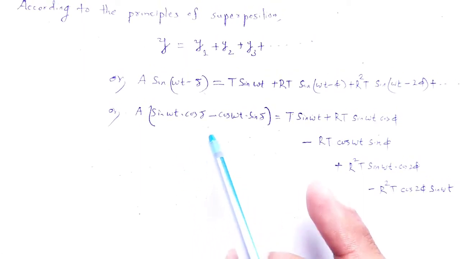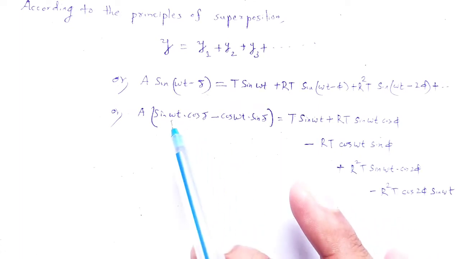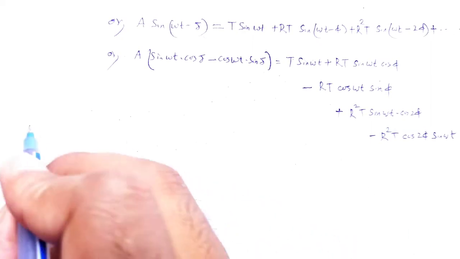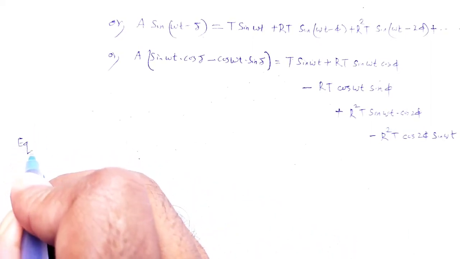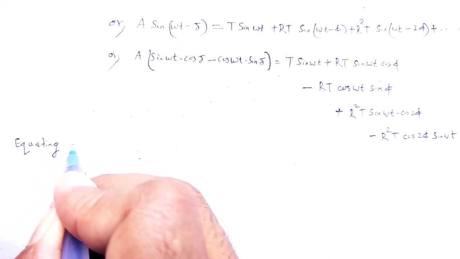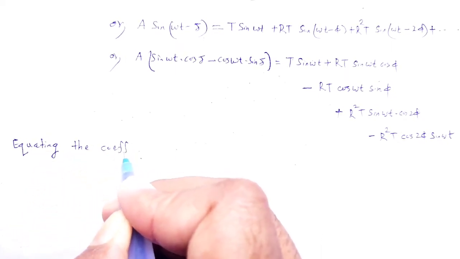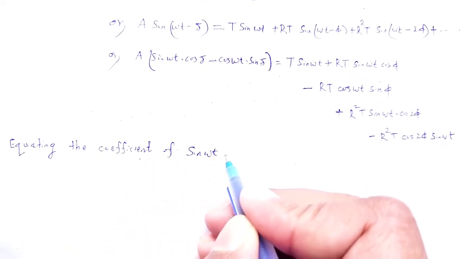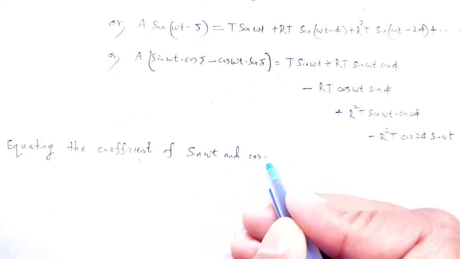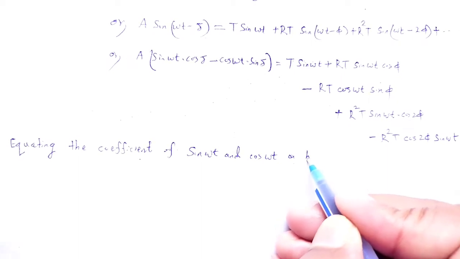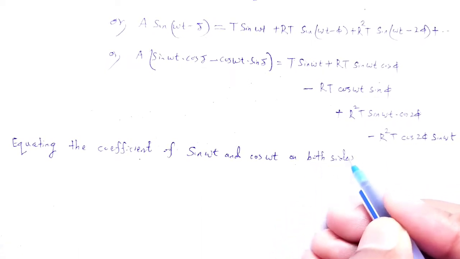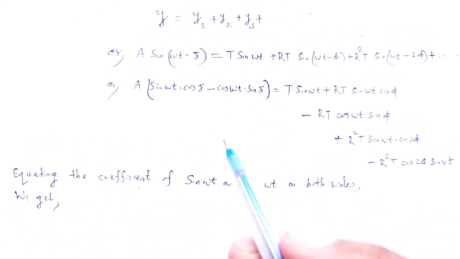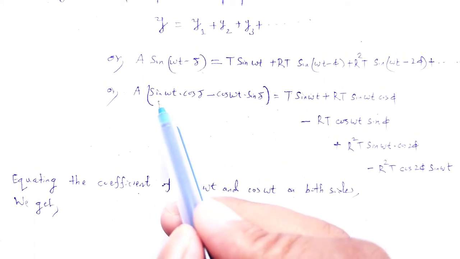Now, we have to equate the coefficients of sin omega t and cos omega t on both sides. Let us equate the coefficient of sin omega t.